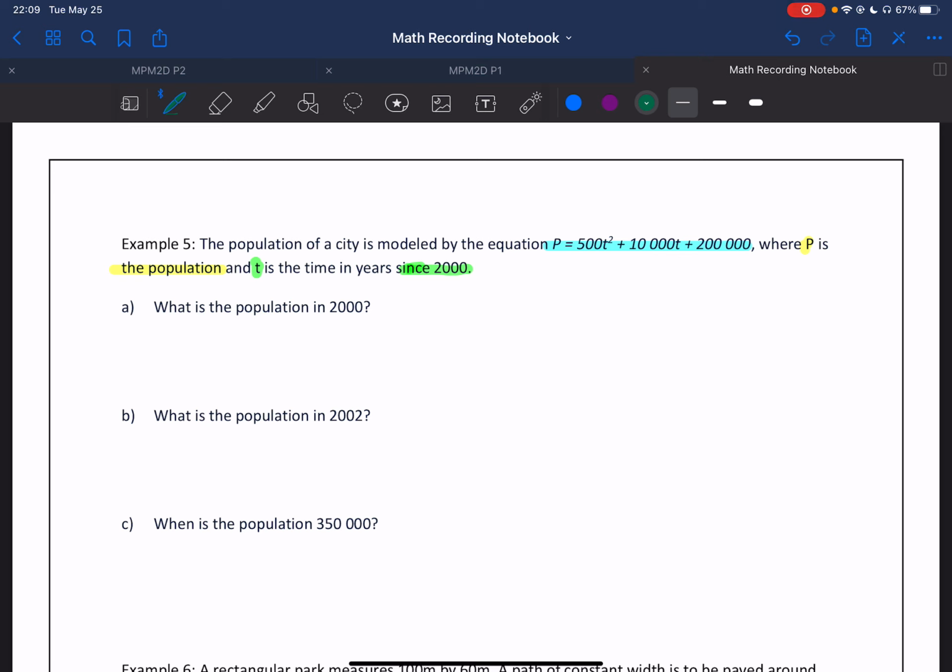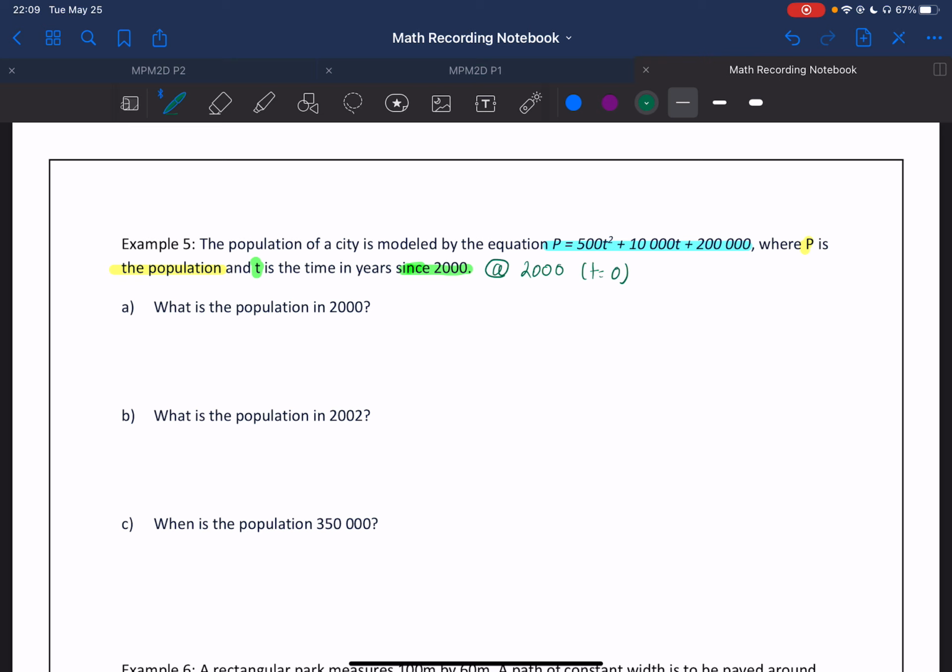So one quick thing to note, since it's saying since 2000, at 2000, so our year 2000, T equals 0. That's important. T equals 0, which means we're starting at that year. So our initial year is 2000.